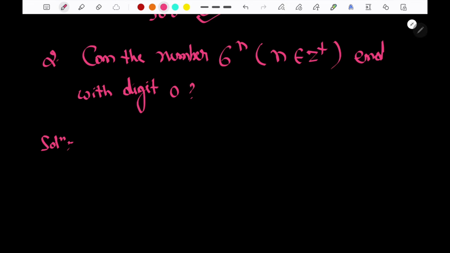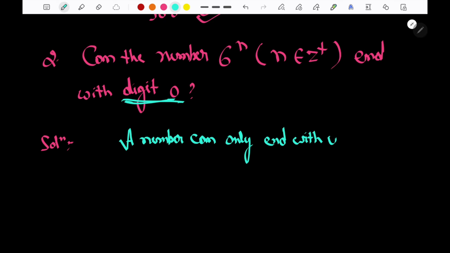So how do you do it? First, digit 0. A number can only end with digit 0 if it is divisible by 10. If it is divisible by 10.